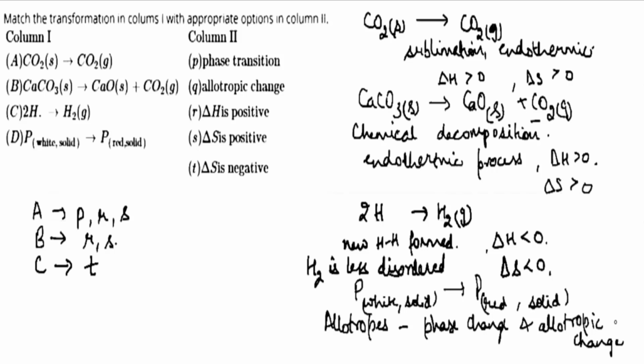Red phosphorus is less disordered than white phosphorus, so delta S in this case is less than 0. So your option D will go with P, phase change, Q, allotropic change, and T, delta S is negative. So these are your correct options for A, B, C, D.